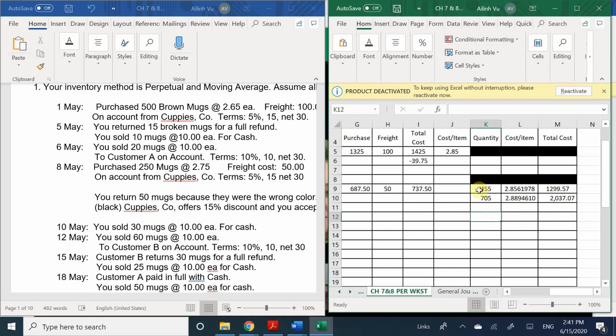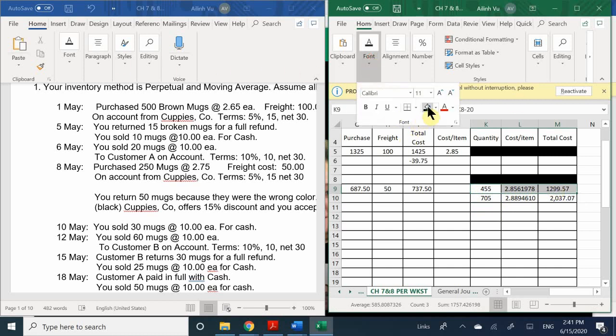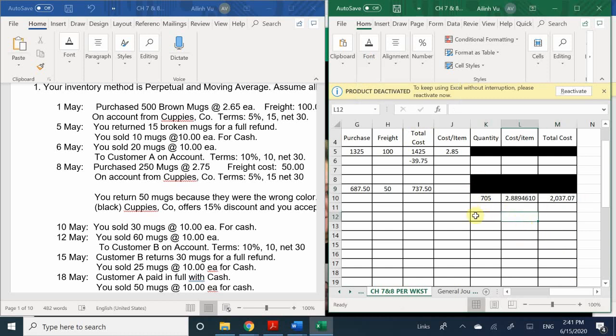So we no longer have this $4.55 anymore, so I can go ahead and cross that out. But I do have now 705, okay? All right. So now we know how much we ended up adding, so we need to put this in our journal that we've purchased a total of $737.50.